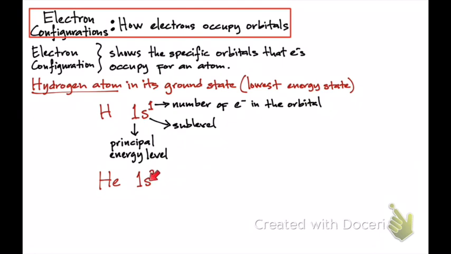In the sublevel, you have the orbitals, in this case an s orbital. And then within the orbital, you have a total of 2 electrons. So now we have placed all of the electrons that helium has. This is the electron configuration of the atom helium: 1s2.